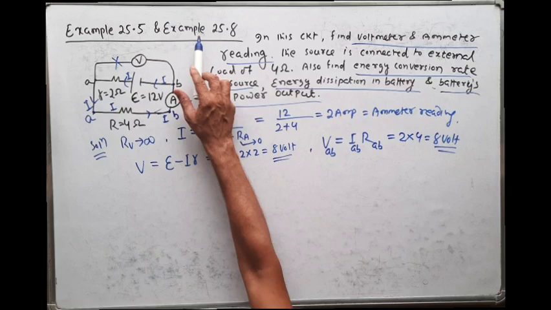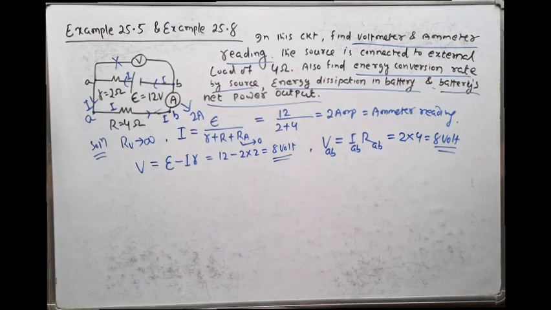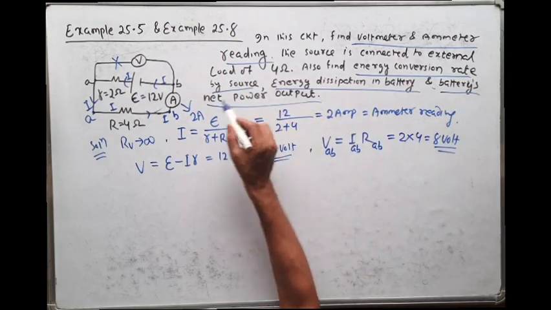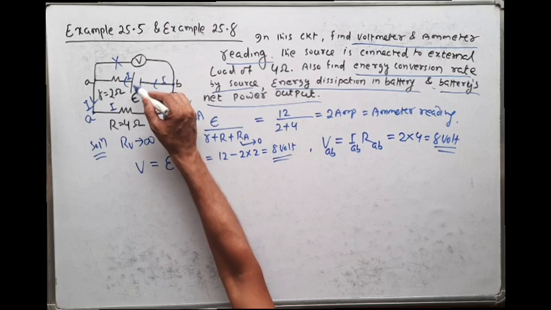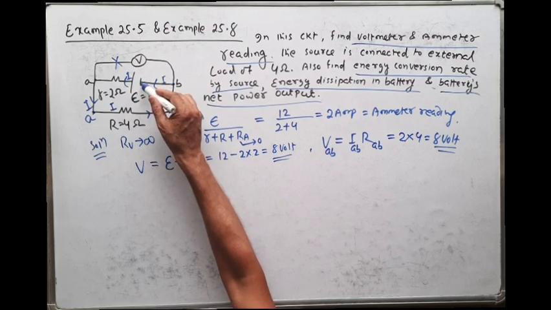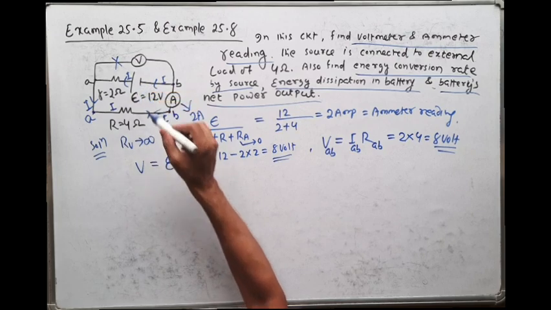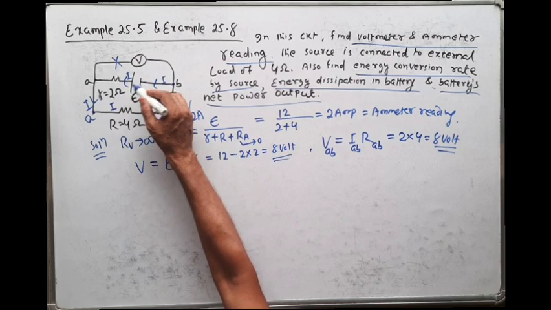So here it is under example 25.1. What is the energy conversion rate by the source? This source provides energy, and the rate of energy of the source is nothing but the maximum power delivered by the battery.